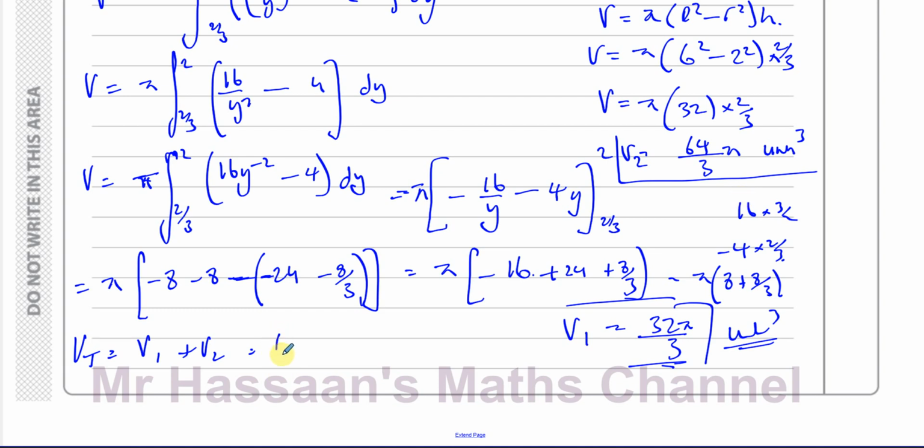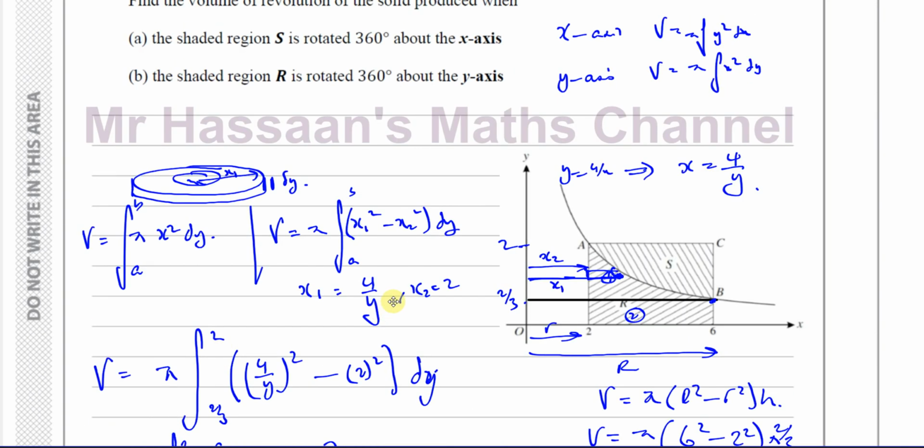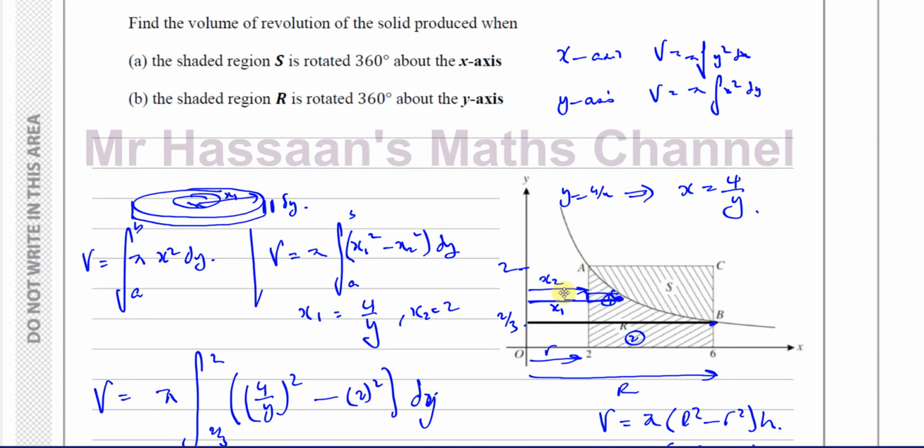So we're going to have 64 over 3 pi plus 32 over 3 pi, which gives us 96 over 3 pi, which gives us what? 3 goes into, yes, that's 32 pi units cubed. And there's the answer, 32 pi cubic units. That's the total volume after all of that work of this whole section here, when you rotate it around the y-axis.